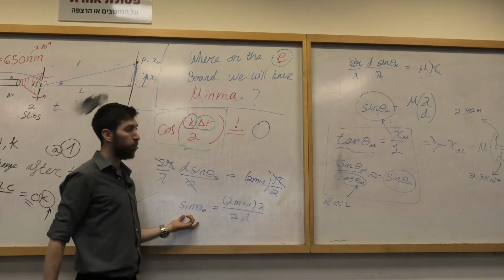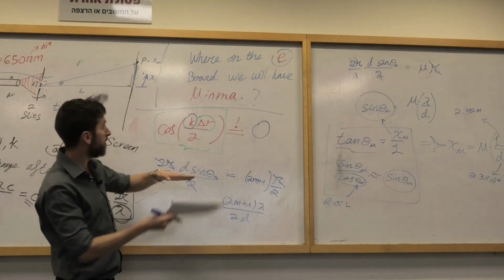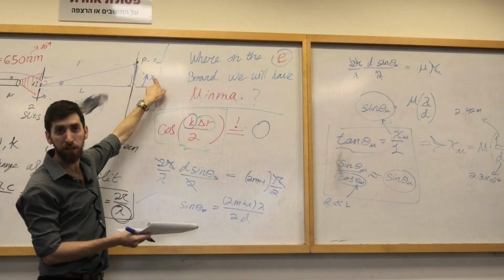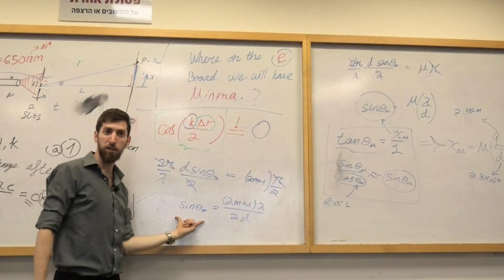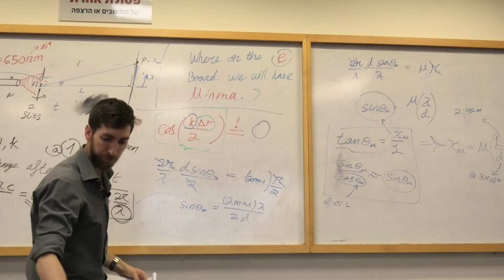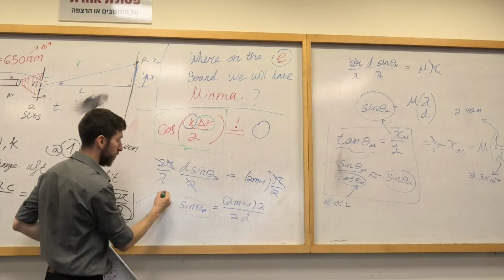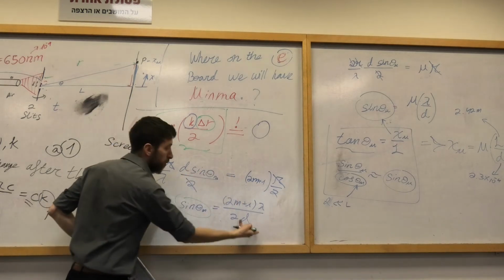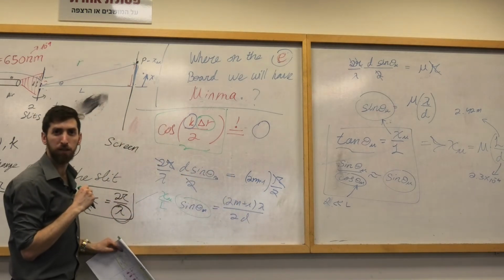And what do I need to do in order to have it in meters, like at the x coordinate, not theta? I can shift this sin theta to x_m divided by L. So it's just to multiply that by L, right?